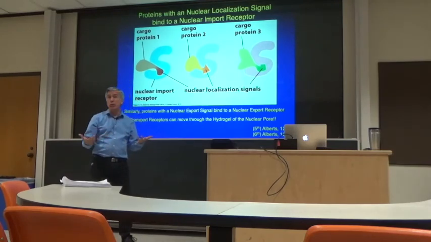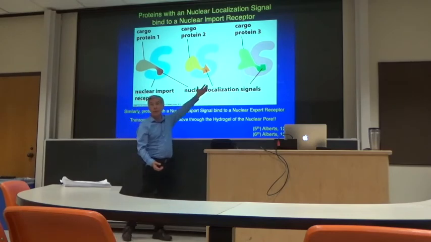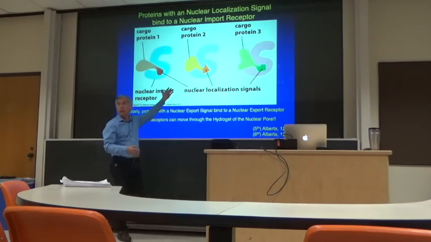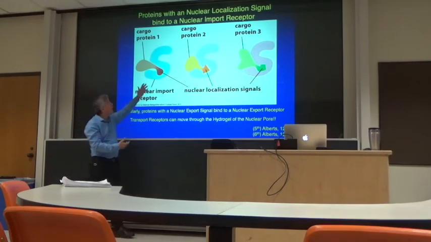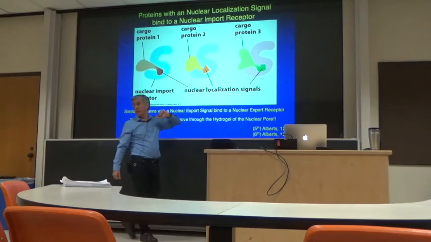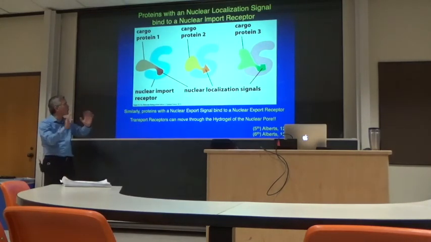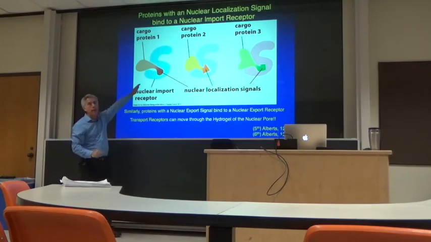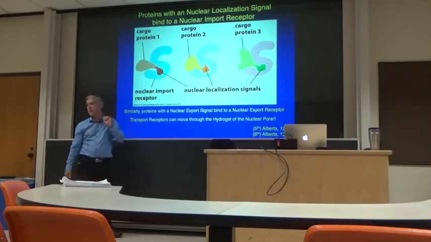And since I told you that there's actually a variety of nuclear localization signals, we have to have correspondingly different receptors that recognize each of those different signals. Again, just for simplicity, we're focusing on the classic 5 positively charged amino acid signal, and there's going to be a receptor protein that binds to that specific signal.